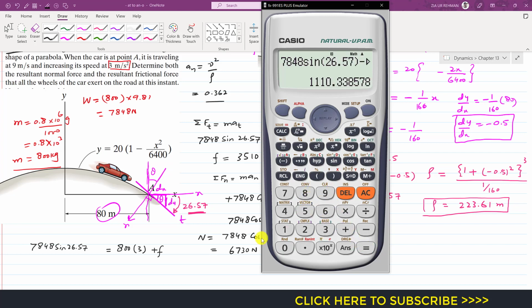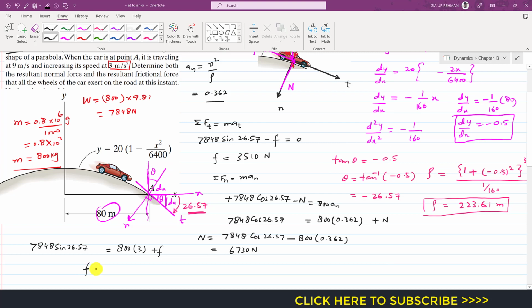So the resultant frictional force on the wheels of the car by the surface for the second case is 1110 newtons. So the only difference will be in the resultant frictional force, since the second equation will remain the same.